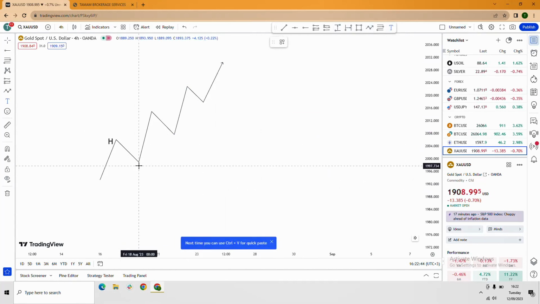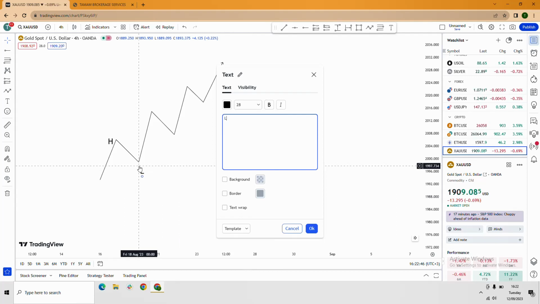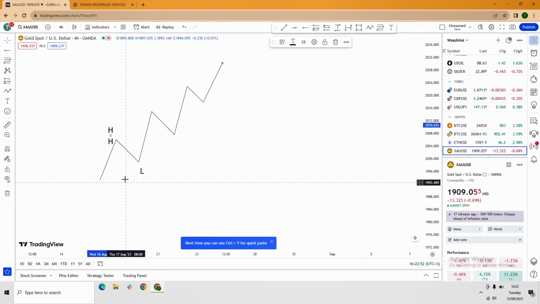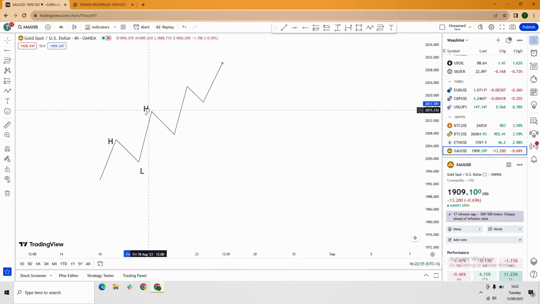Then price drops down to create a low point. As it creates this point, it now pushes up to the upside and creates this higher high. Why is it a higher high? It's higher than the previous high. You can see this high is way below this high.